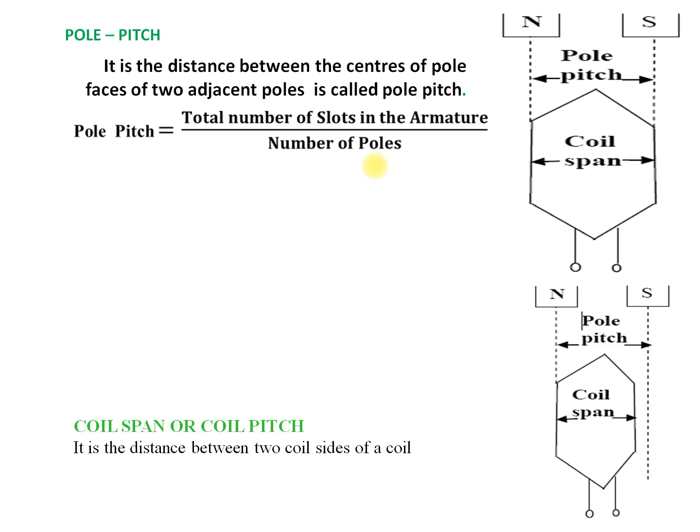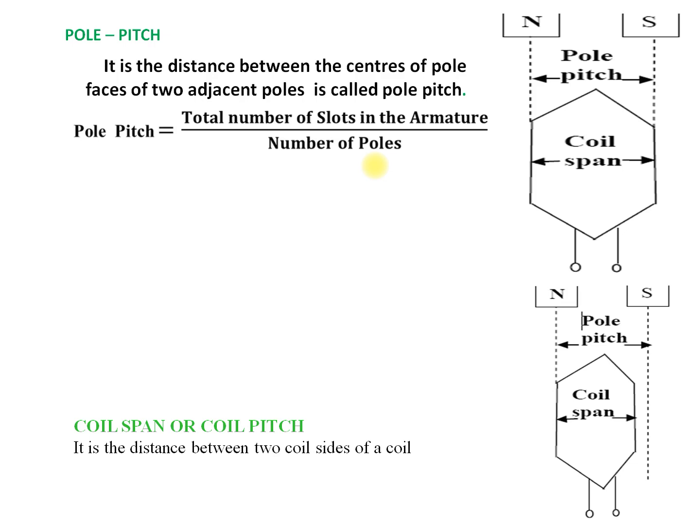If the number of poles is an even number, the total number of slots will also be an even number, so that the pole pitch, the coil span, is going to be a whole number. Whenever we have that whole number, we can have the coil span as a whole number, so that we can have full pitch windings.